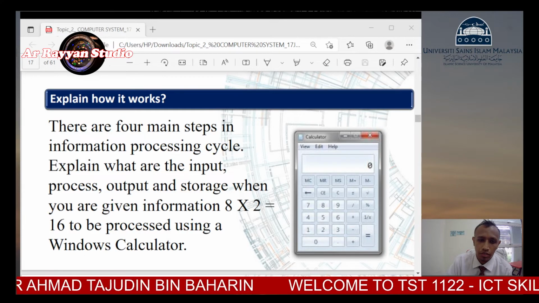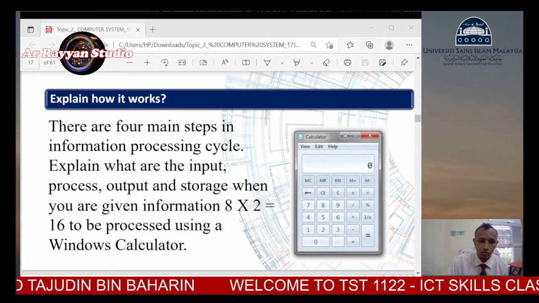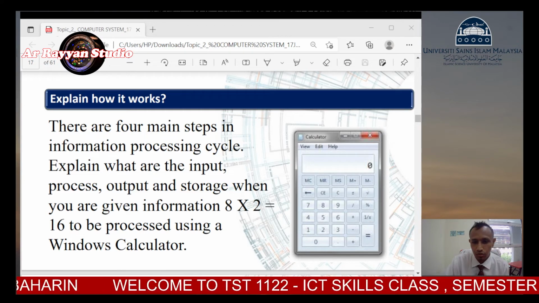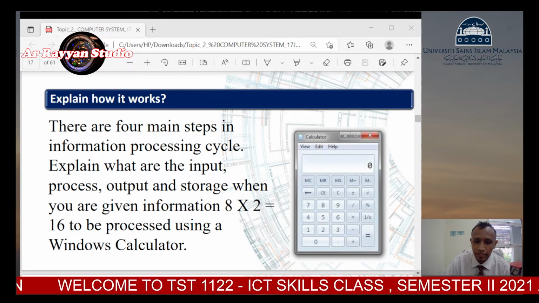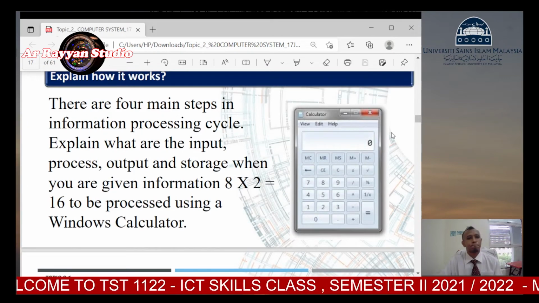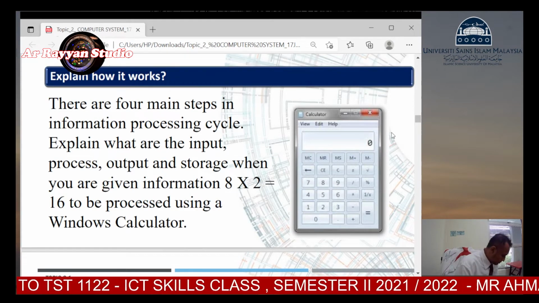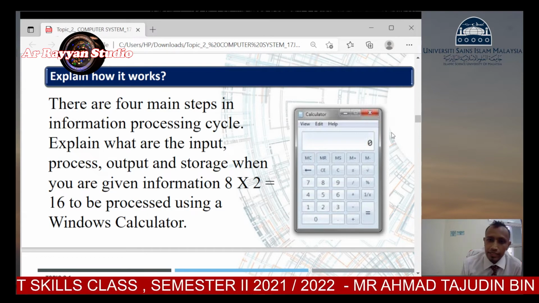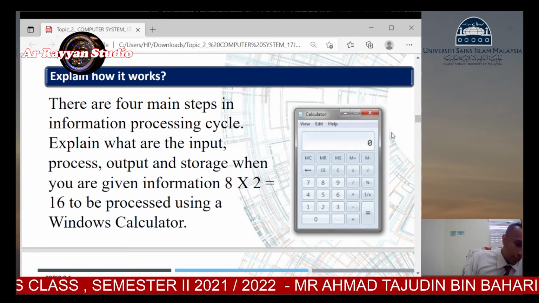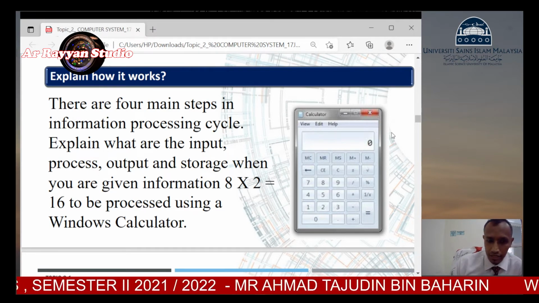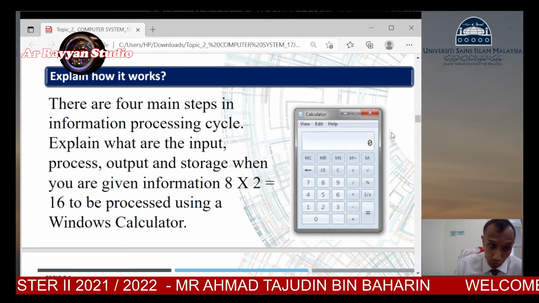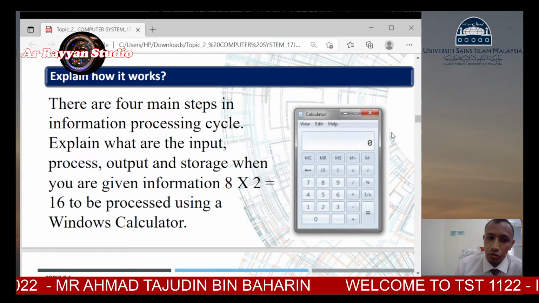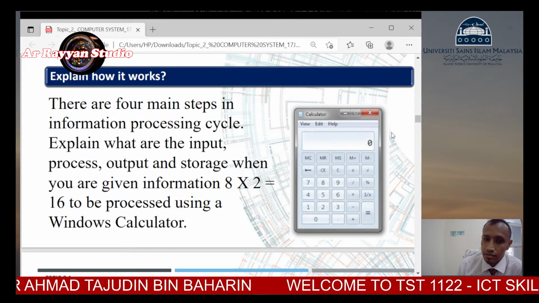When you are given information, 8 times 2 is equal to 16 to be processed using a window calculator. Okay, siapa boleh terangkan? Who can explain? Ada tak sesiapa volunteer? Any volunteer to explain this, how it can work? How do you want to relate with the 4 main steps in information processing cycle?